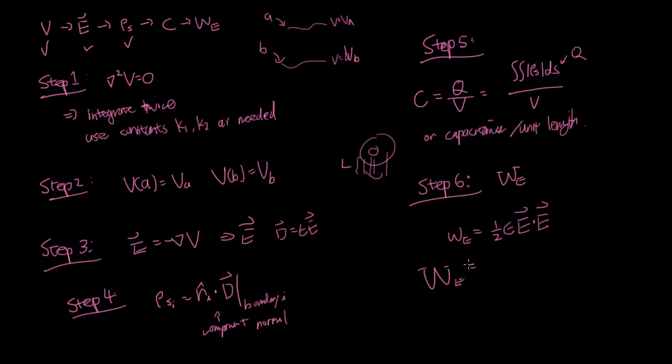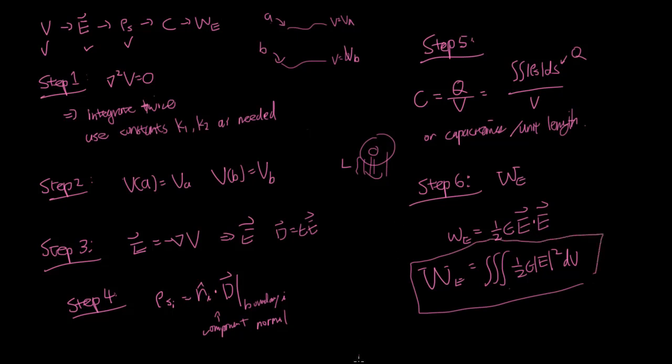So uppercase W_E is just going to be equal to the volume integral of lowercase e. And that will allow you to find the capacitance and the total energy stored.